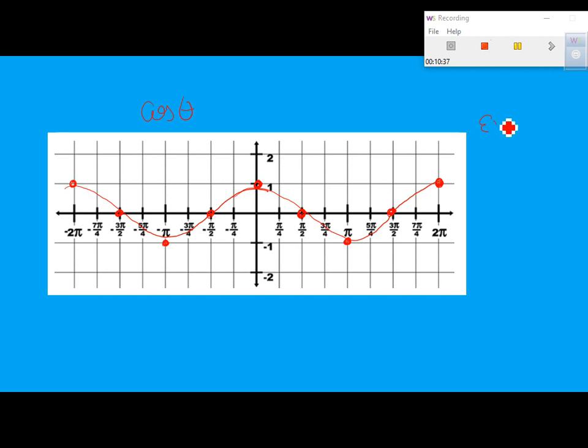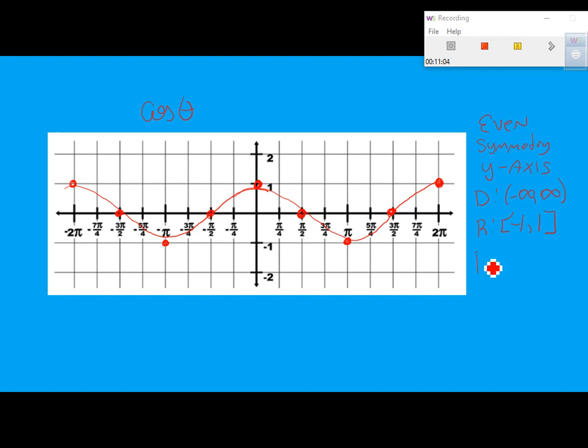This is an even graph, which means there's symmetry about the y-axis, meaning I can fold it over the y-axis and get the same graph. The domain is going to be negative infinity to infinity, while the range is going to be negative 1 to 1.